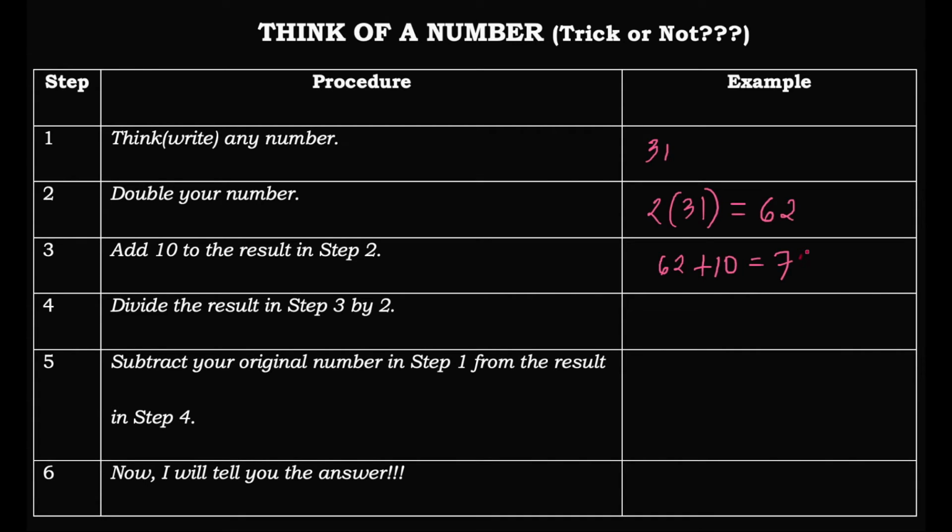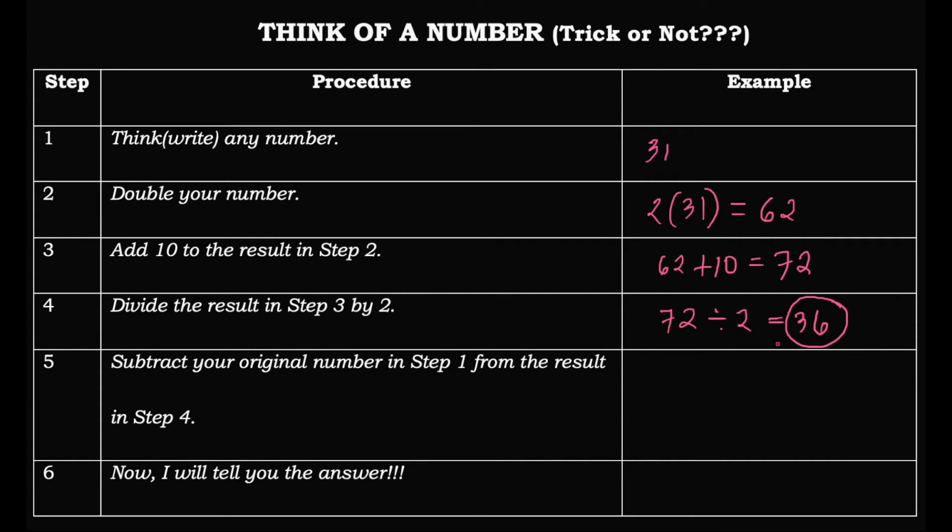My answer is 72. And step number 4 says divide the result in step number 3 by 2. So my result in step number 3 is 72, and I will divide that by 2, and the answer is 36. In my case, my answer is 36 in step number 4.